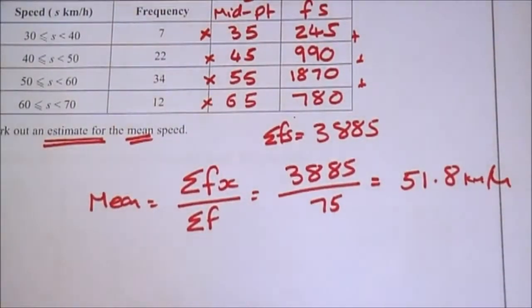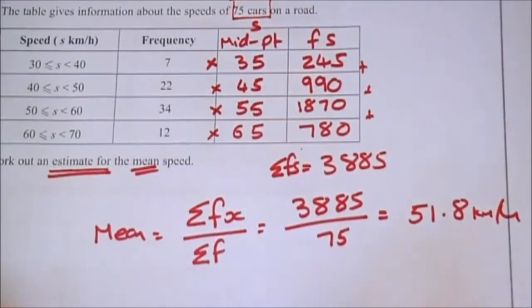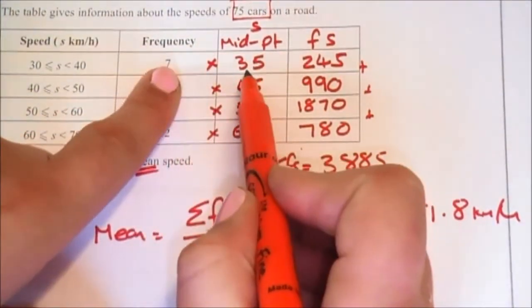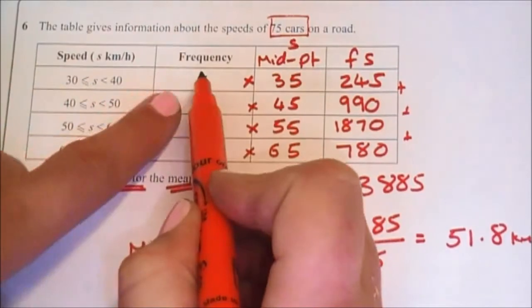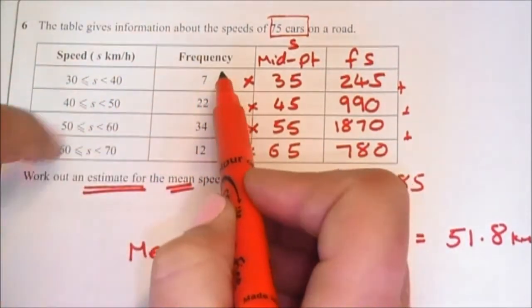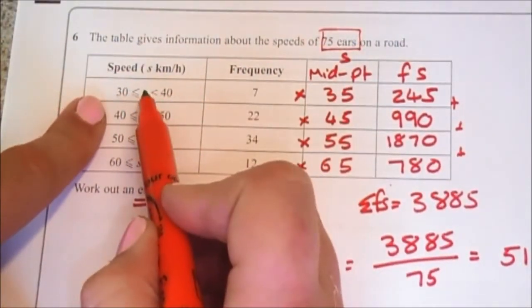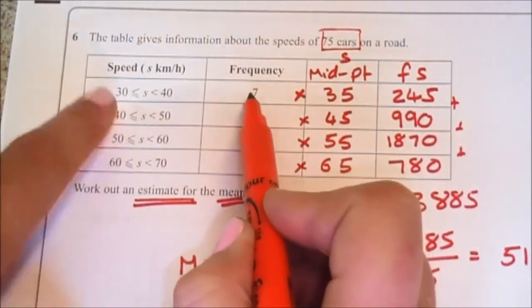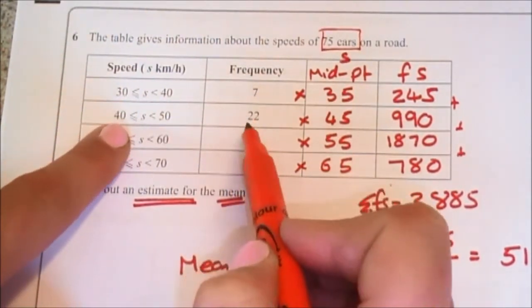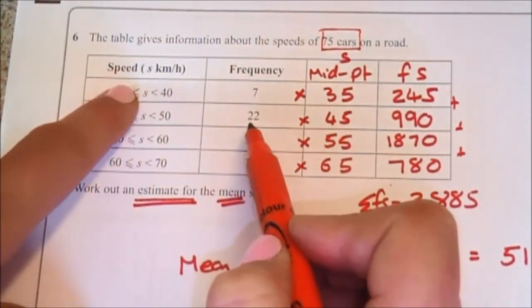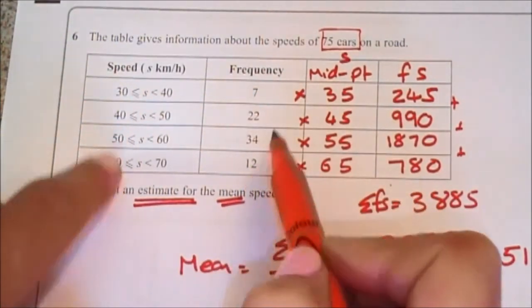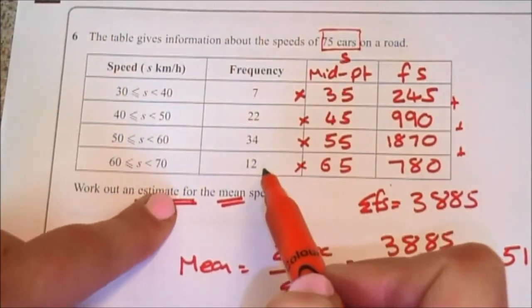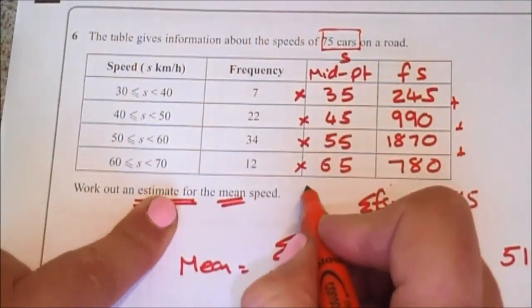With regards to how marks are allocated for this, you get 1 mark for showing that you've multiplied together what you are using to represent the speed by the frequency. So if you forgot about the midpoint, for example, and you did them all like 7 times 30, 22 times 40, so if you used the minimum speed for each one or the maximum speed for each one, you get M1.